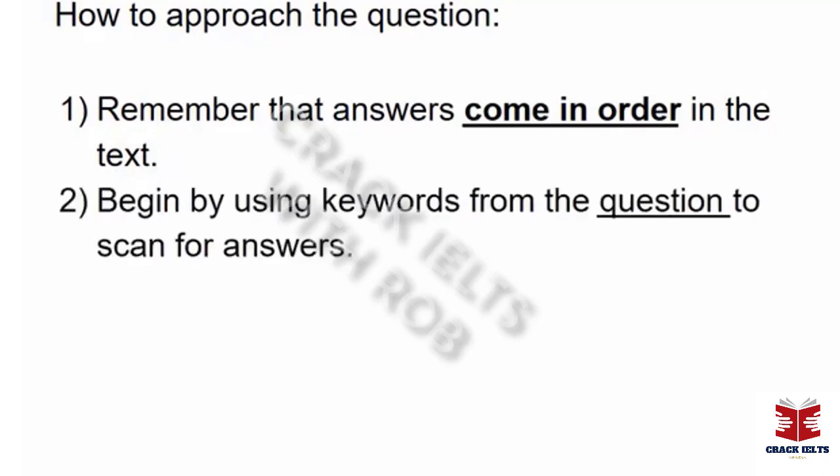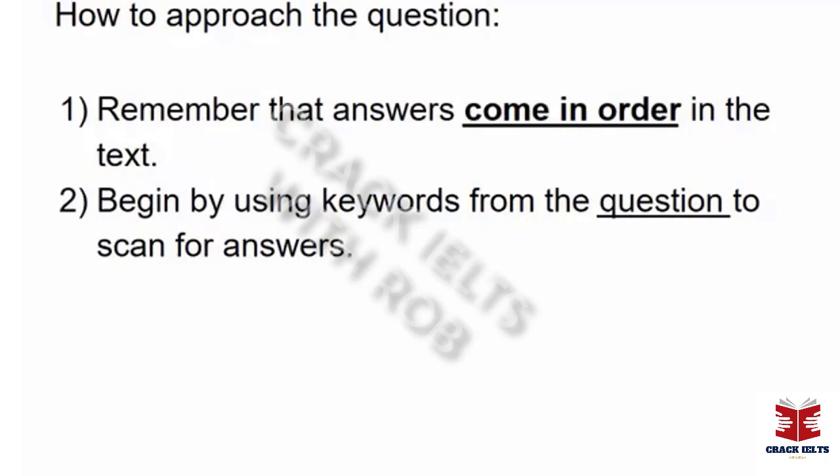Secondly, begin your scanning by using keywords from the question itself. Not the answer choices, but the question. This is helpful because usually the main idea or the main topic is going to be found in that part.